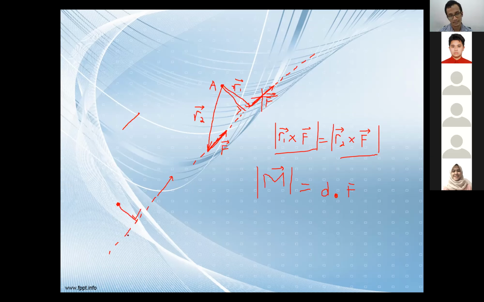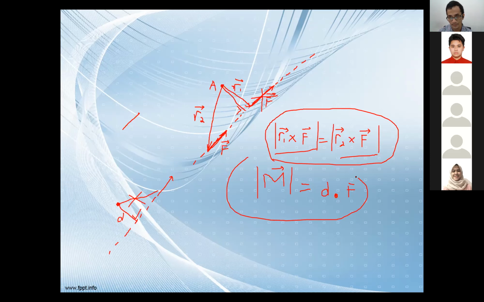So this is not d. The d is here, perpendicular distance. Always perpendicular distance. So the results of this will always be the same as this one.